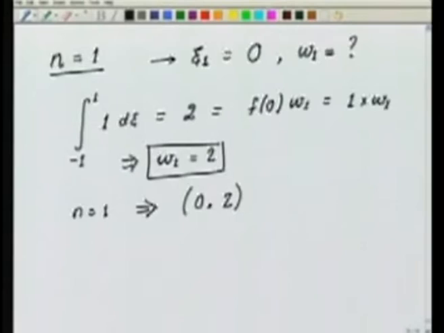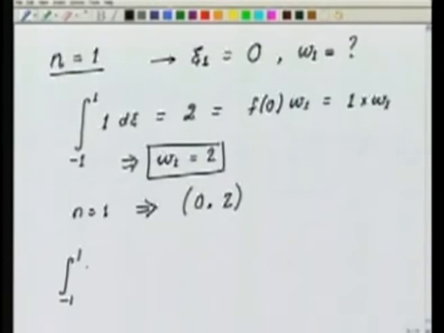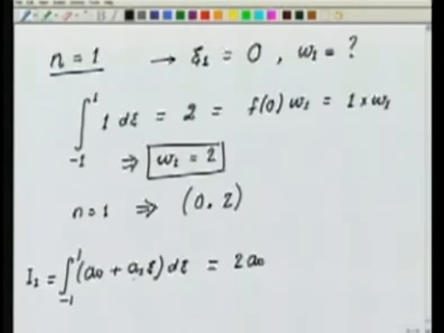Now, for which higher polynomial does this one point rule do an exact job? Let us look at the next higher polynomial. If I take f(psi) to be linear in psi, so it is a0 plus a1 psi, and I do this integral, which I am going to call I1, this integral will turn out to be 2a0. The second part will drop off, because a1 psi is an odd function and the integral of an odd function over this interval is going to be 0.